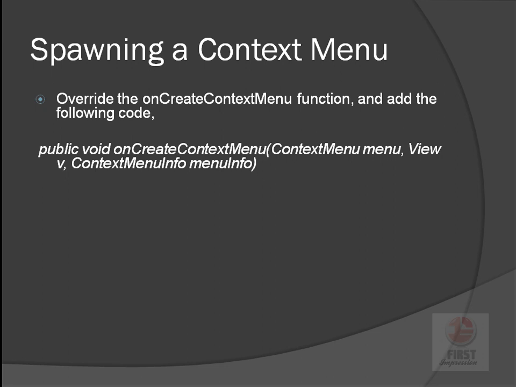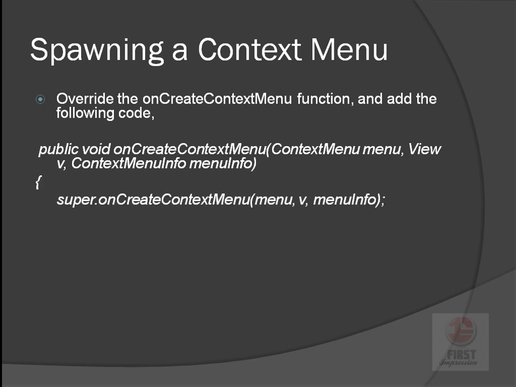As you have seen in the last example, we don't need to type this completely. We just say onCreate, Ctrl+Space. Options will appear, and from those you pick onCreateContextMenu. All the public void, ContextMenu, View, ContextMenuInfo will be written automatically for you by Android.